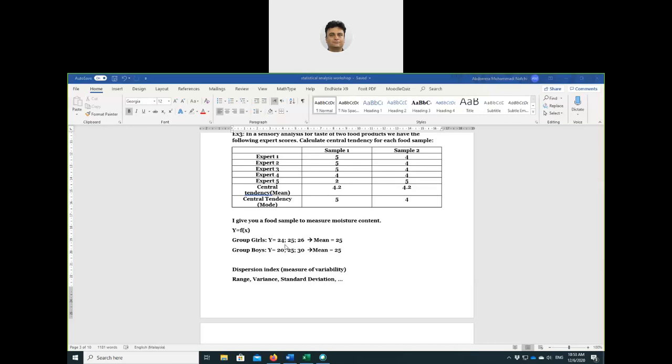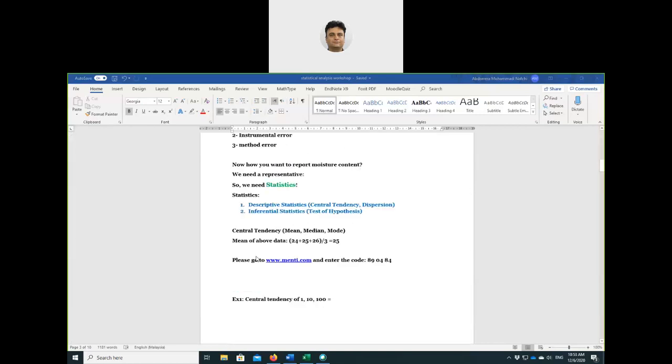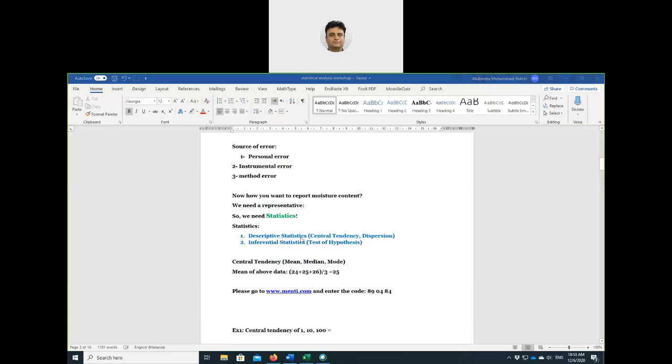For this reason, the central tendency or central index like mean, median is not enough, because it's 25, 25, but it does not cover the real data. Here we need the second part of the descriptive statistics, central tendency and dispersion.